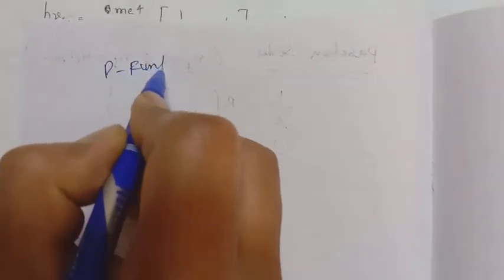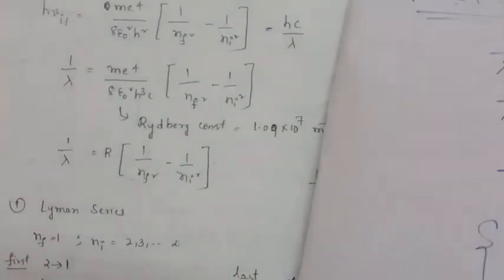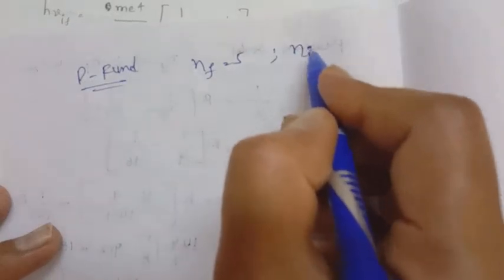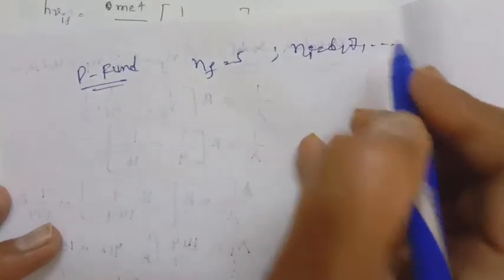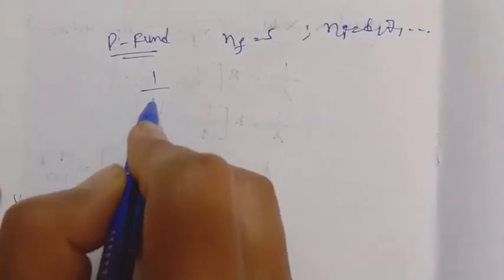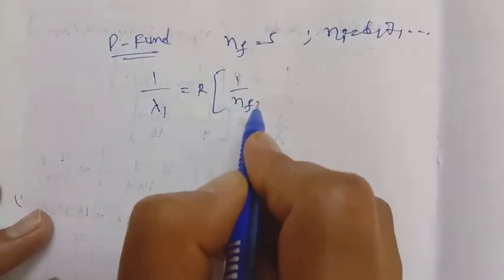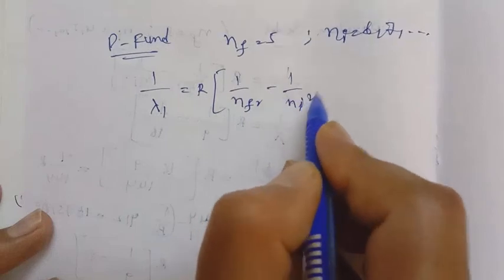And next we go for the Pfund series. In the Pfund series, the transition is such that the final energy state is equal to 5 and the initial state is equal to 6, 7 and so on. So 1 by lambda 1 is equal to R into 1 by nf square minus 1 by ni square.